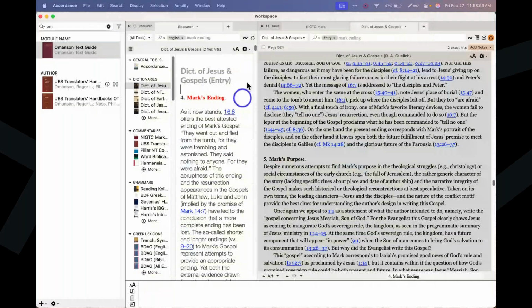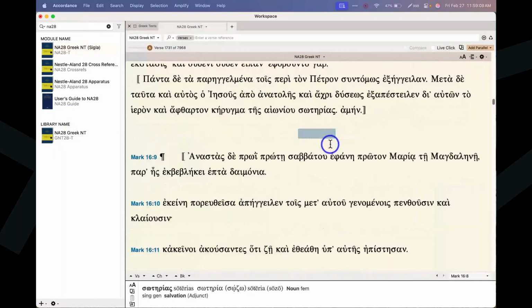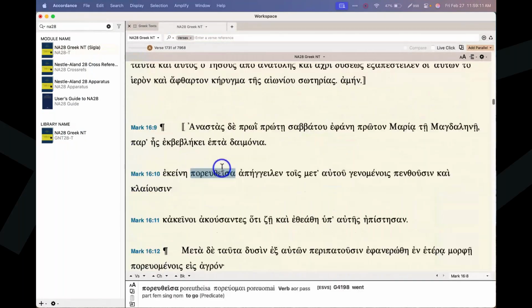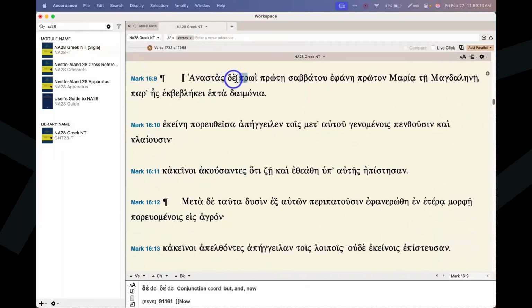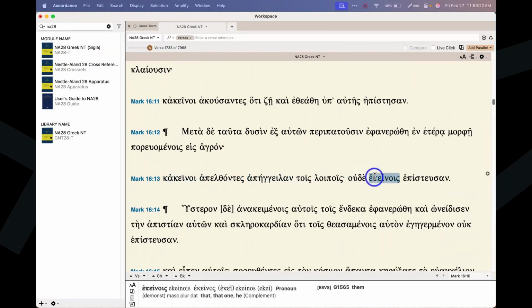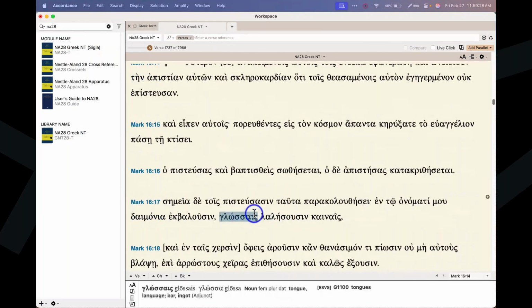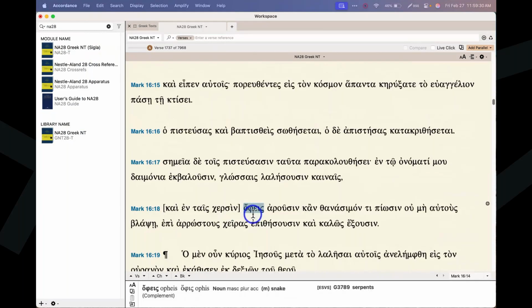Now, if you are undecided about the ending, or if you just want to do the translation, and it's going to bother you that we're stopping at verse 8 and you want to go on, do be assured, as you can see in the instant details, Accordance has parsing and translation equivalents and inflections, morphology for all of these words. This is often not the case with textual variants, because sometimes we'll just see them in an apparatus and it will be unpointed Hebrew or unpointed Greek in this case, and it won't be morphologically tagged, which makes translating difficult.